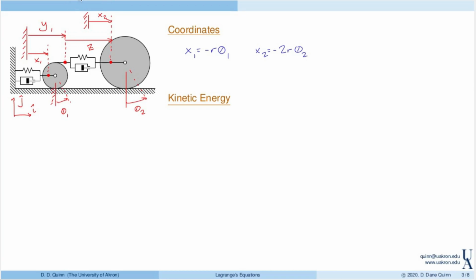So now we have some extra constraints. In particular, looking at y1, we can go through a simple kinematic analysis and show that y1 is minus 2r theta 1, which actually ends up being 2x1. So this upper point moves twice the distance of the center of the disk.